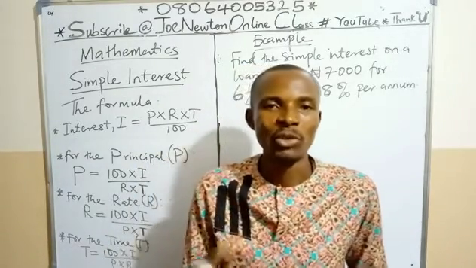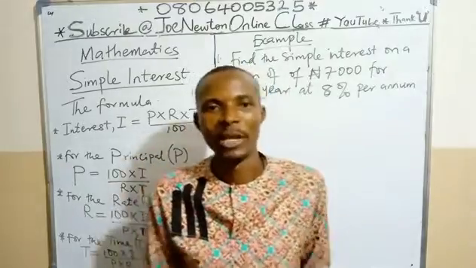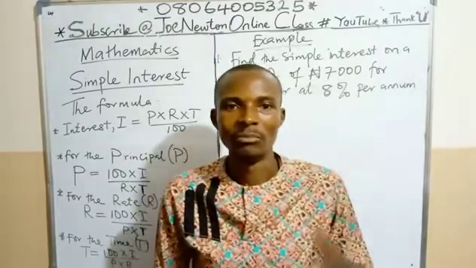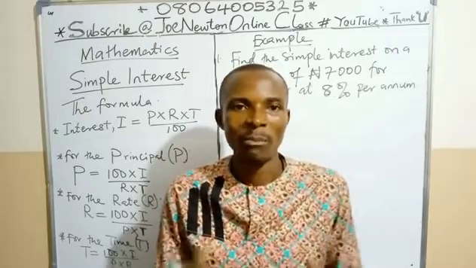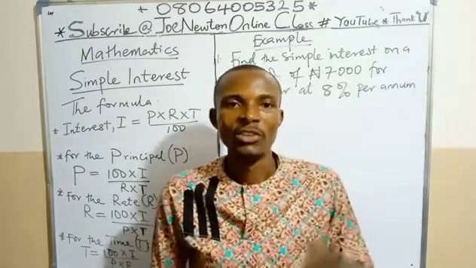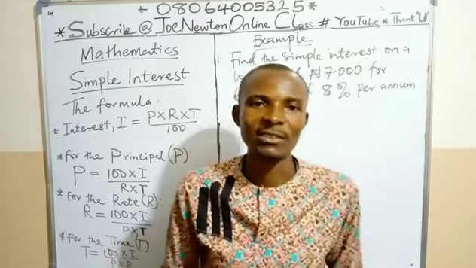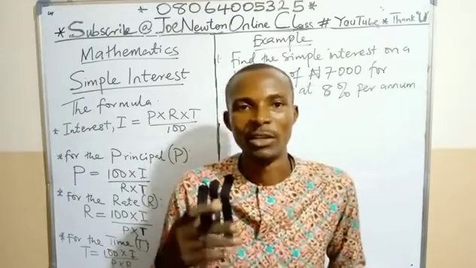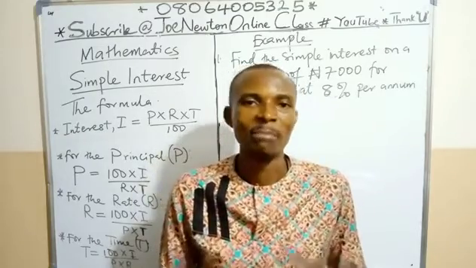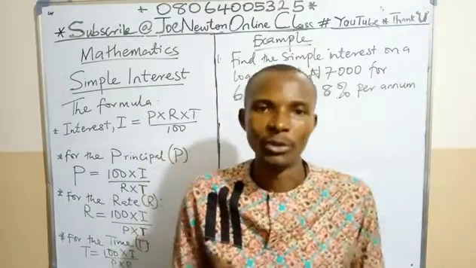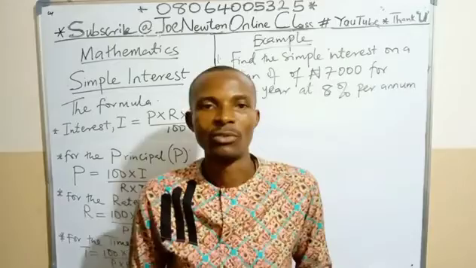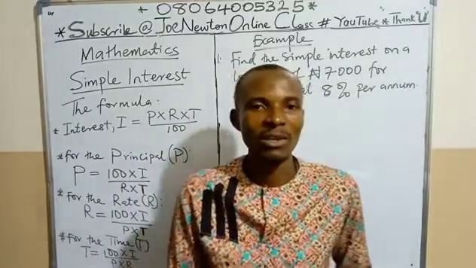So when you lend money to a borrower, like it's obtainable in some credit and thrift firms, it's expected that the borrower will compensate the lender with a sum of money at a certain percentage of the money borrowed as interest. That is interest.